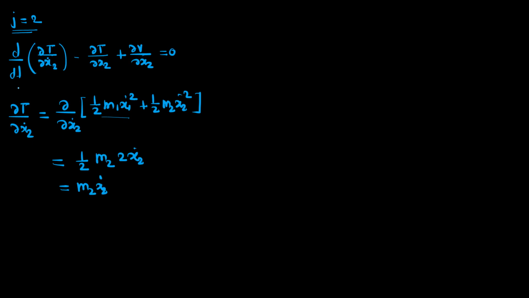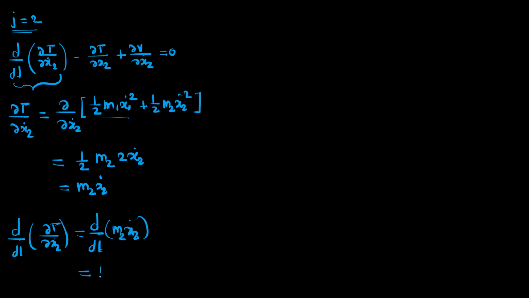Now differentiate this to get d by dt of del T upon del x2 dot, which is d by dt of m2 x2 dot. m2 is constant, and differentiation of x2 dot with respect to time is acceleration. So this is m2 x2 double dot.